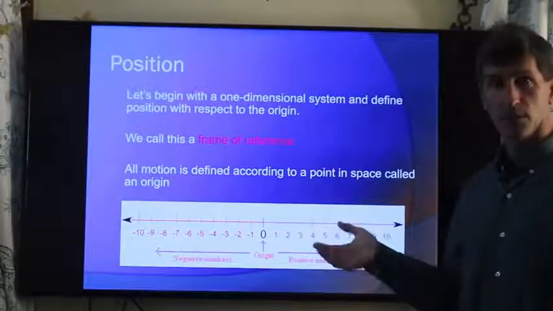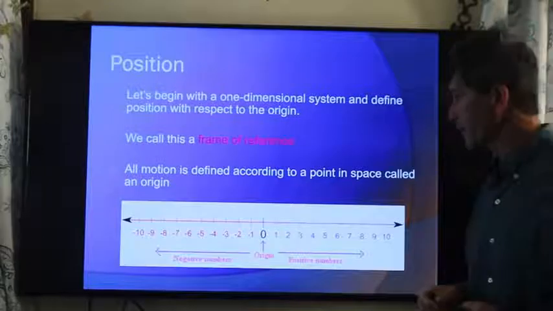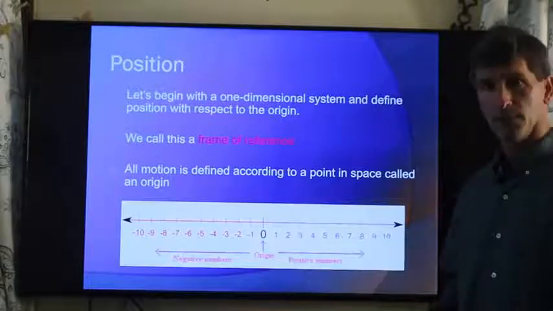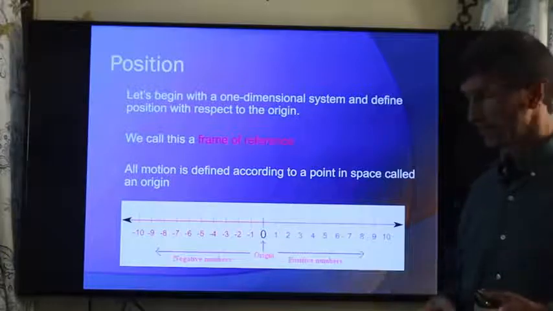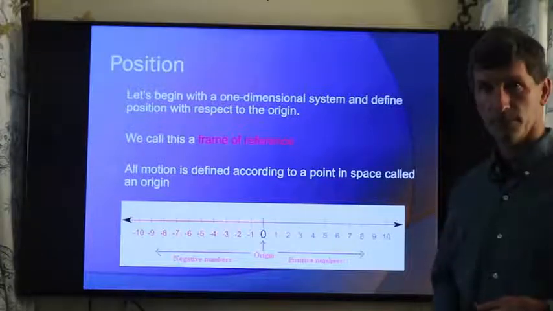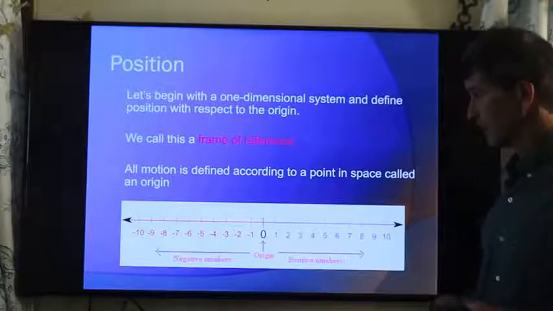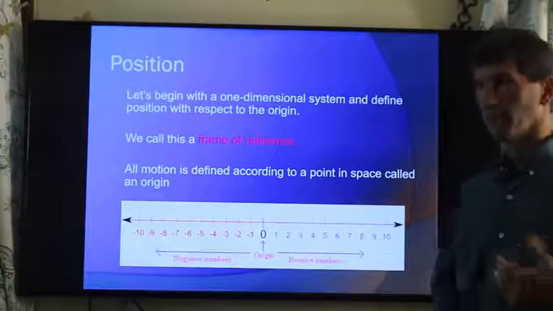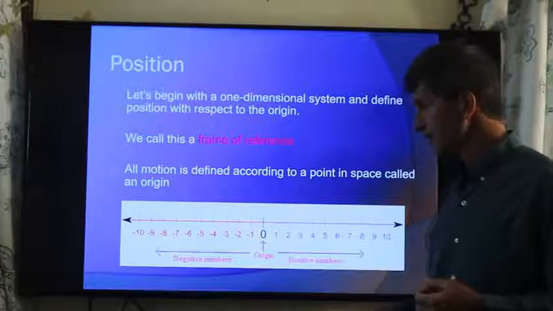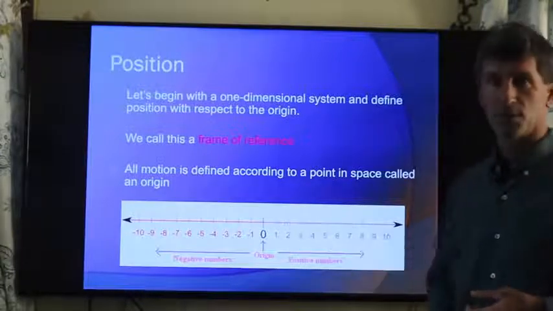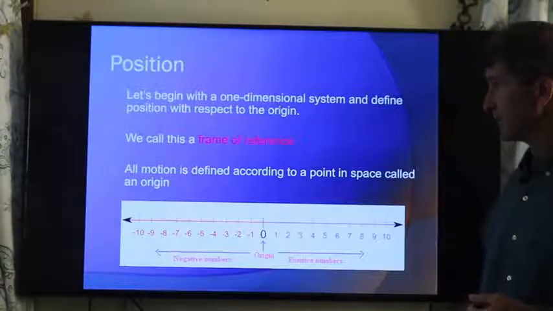In this case, we're going to move along the x direction. So our origin is really where we're going to describe each point in space. With regard to it, it can be completely arbitrary, it can be a point of reference somewhere in a room, on the surface of the earth, whatever you want to use.